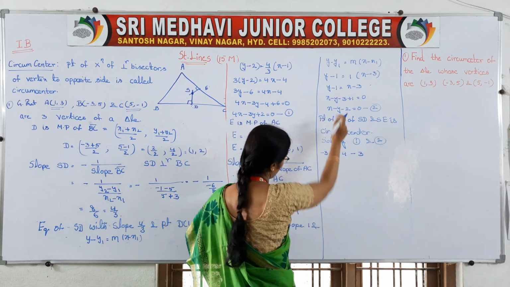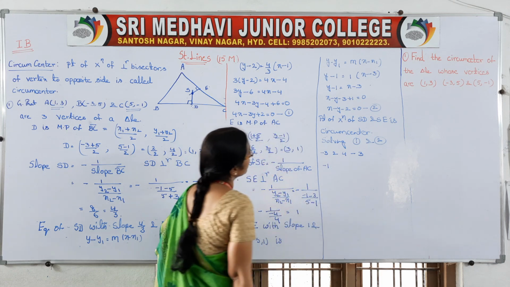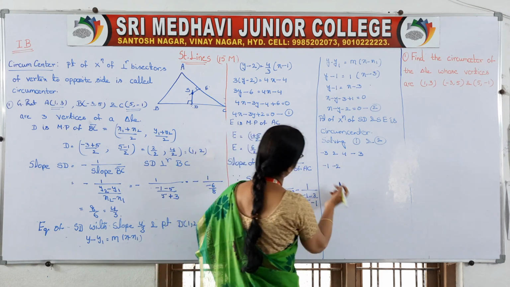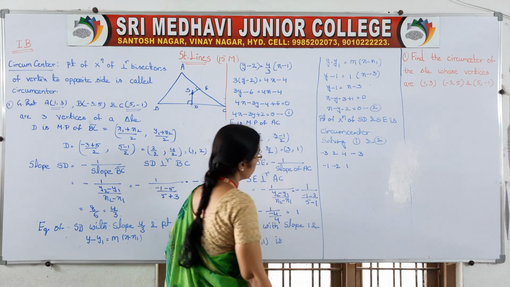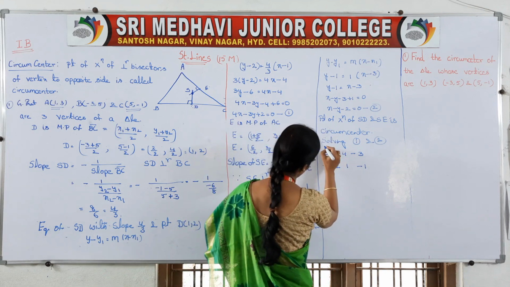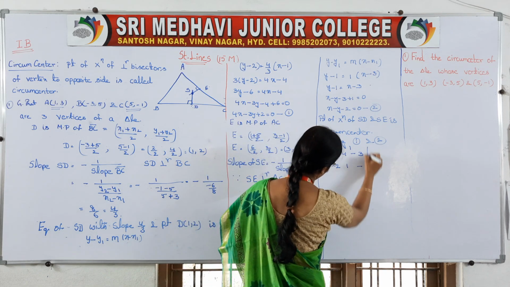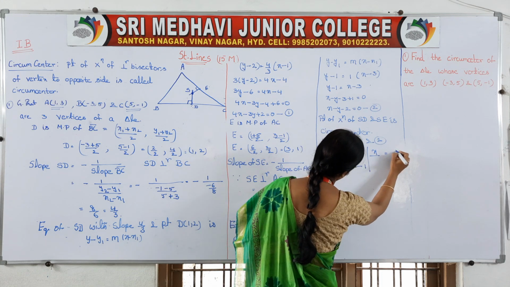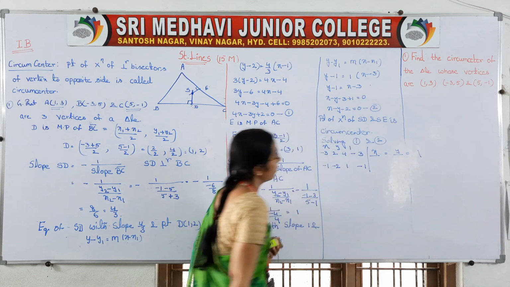Similarly, for this one: y coefficient minus 1, constant minus 2, x coefficient 1, y coefficient 1. So x by, y by, 1 by.